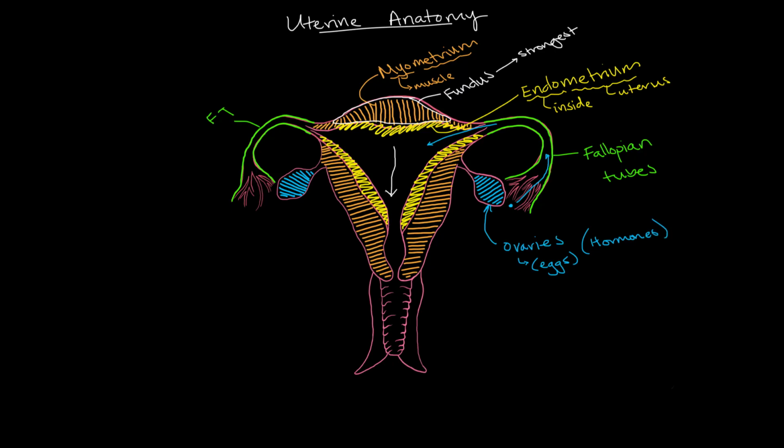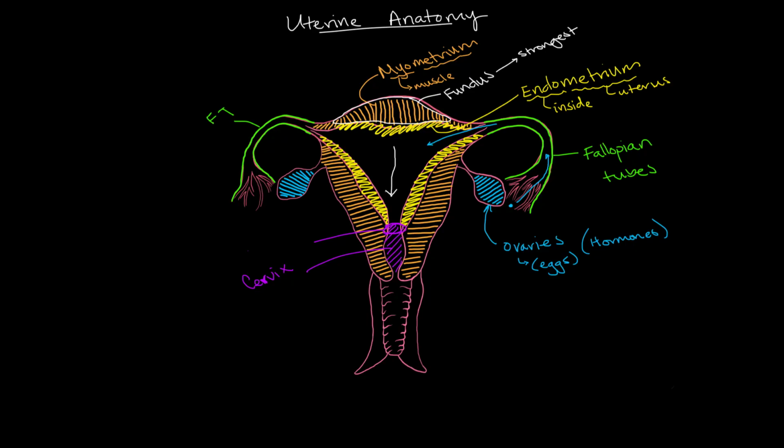Then at the base of the uterus, we have the cervix. This base area here is the cervix. Sorry, this is an R. The cervix has two main entrances. You can think of the cervix as like the door to the uterus.